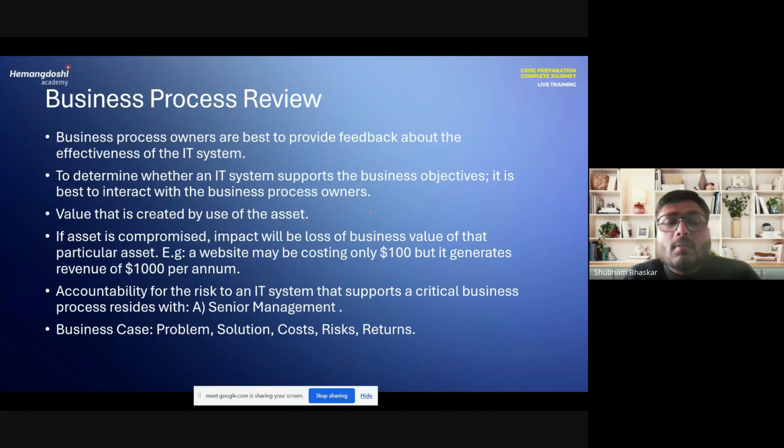You explain the problem: look, we have to use Excel sheets to document everything. The Excel sheets cannot handle much data. We have problems creating reports. We have problems creating dashboards. The solution is that let's buy an ERM software. This is going to be the cost. What are the risks if we buy this ERM software? Well, the risk could be that you are basically trusting a third party and putting all your sensitive information onto a third party cloud.